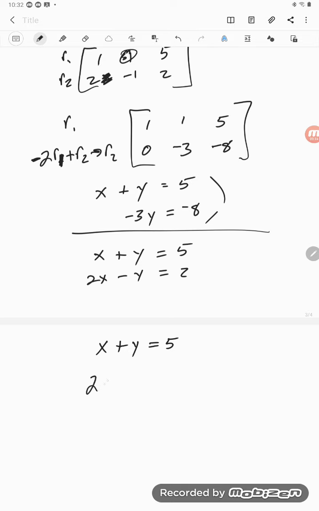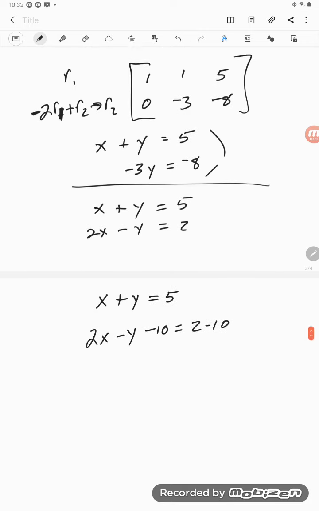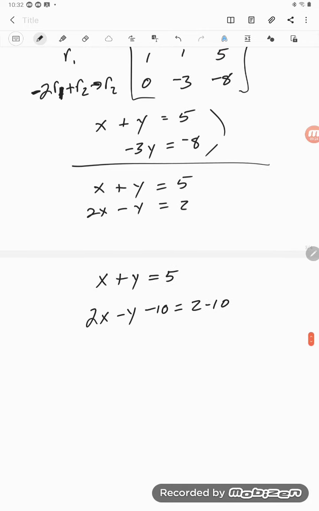So we had 2x minus y minus 10 equals 2 minus 10. Again, we know that we can do that and not change our solution set. And so that's fine. But what else is equal to 10?